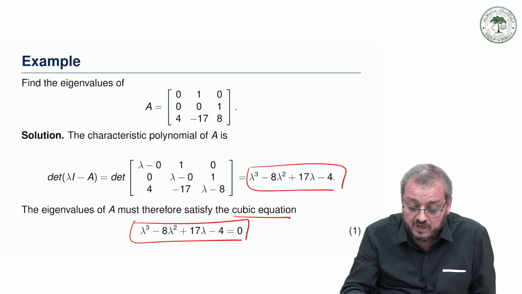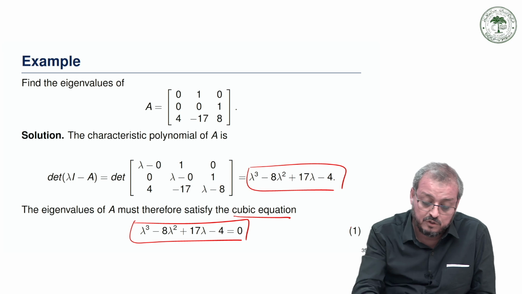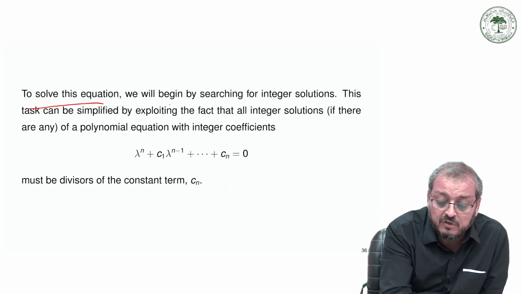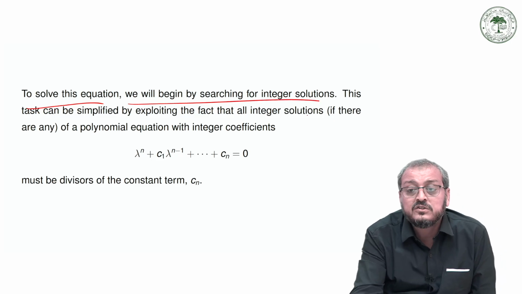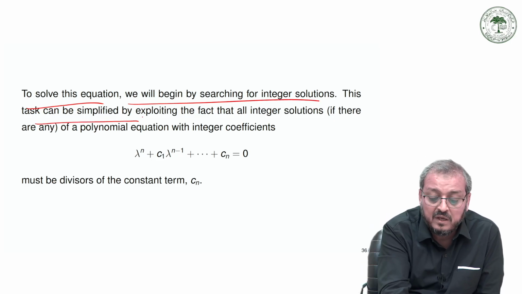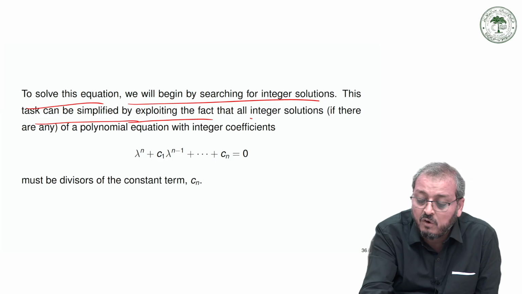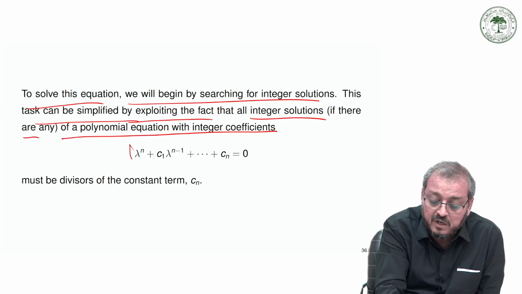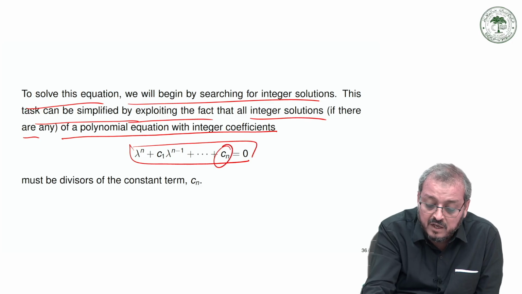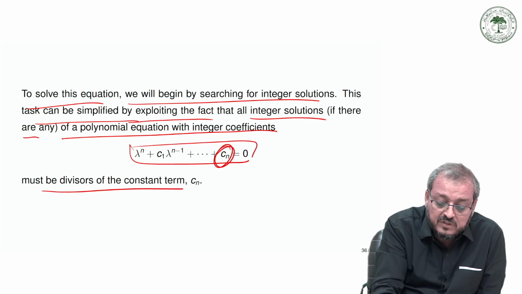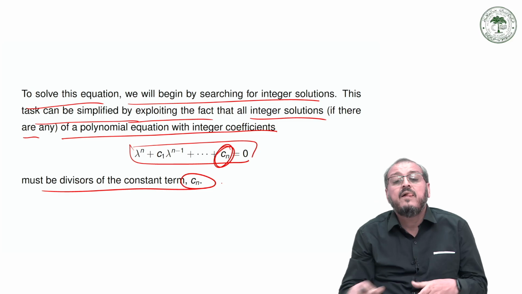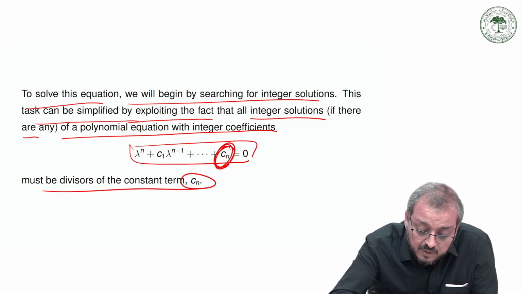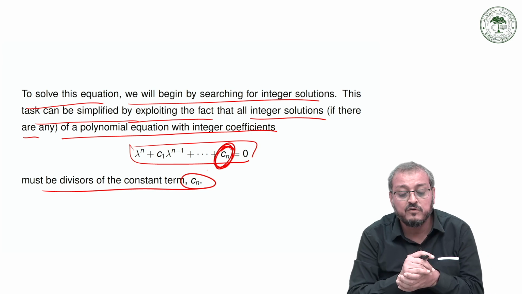Now we have to find how to find the solution for this lambda. To solve this equation we will begin by searching for an integer solution, exploiting the fact that any integer solution of a polynomial equation with integer coefficients must be a divisor of the constant term.